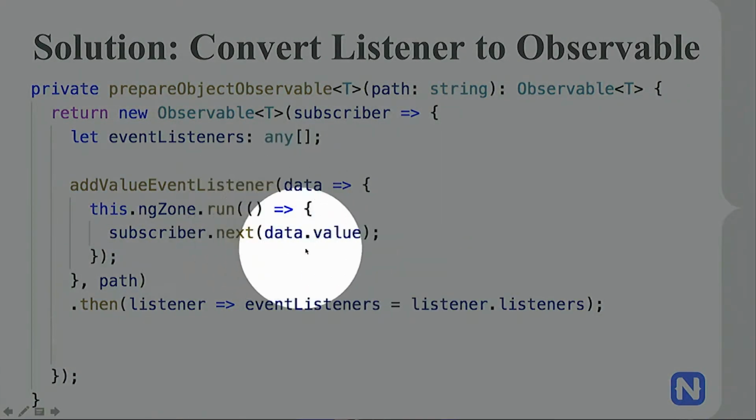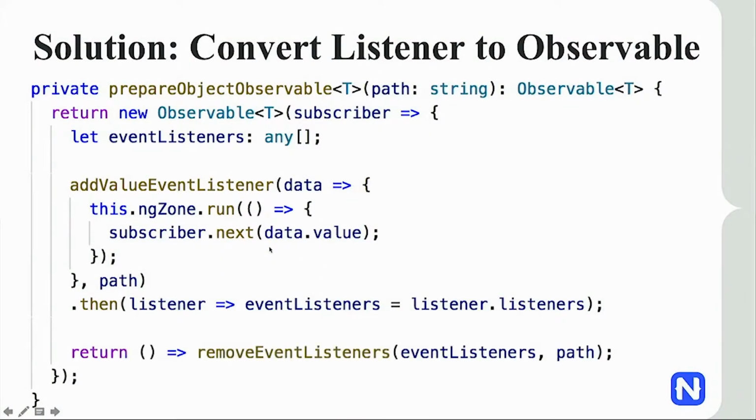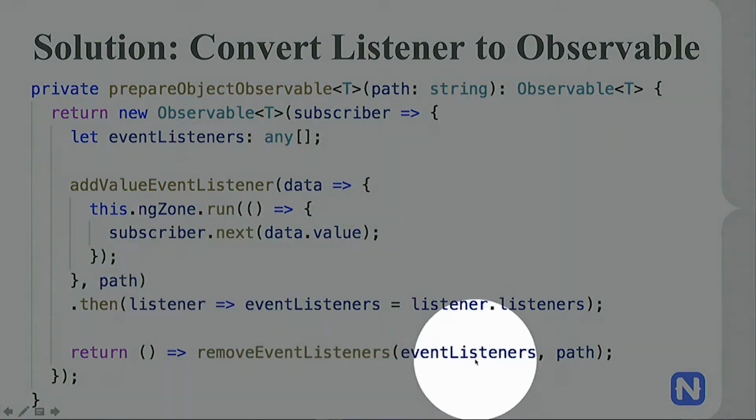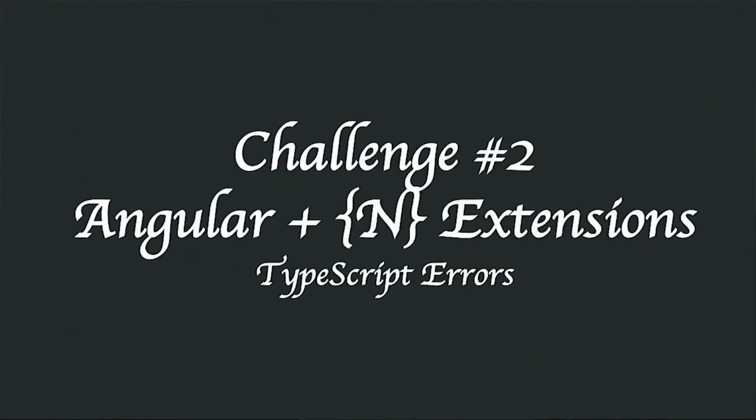So basically I'm saying, okay, my observable is going to notify you of new results. And as soon as somebody unsubscribes from this observable, I'm calling remove event listeners, so then I can release the resources. By doing that, I was able to convert the NativeScript library so that it was on par with the web library. So that was fun.